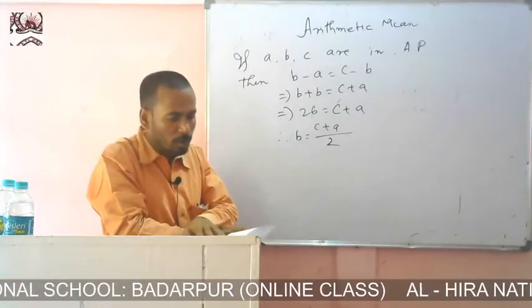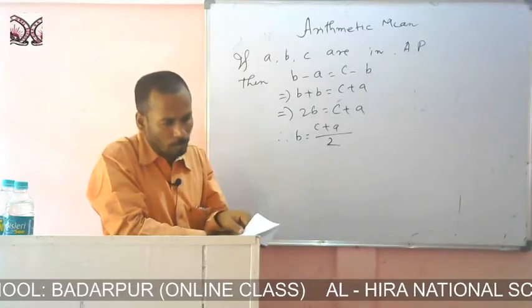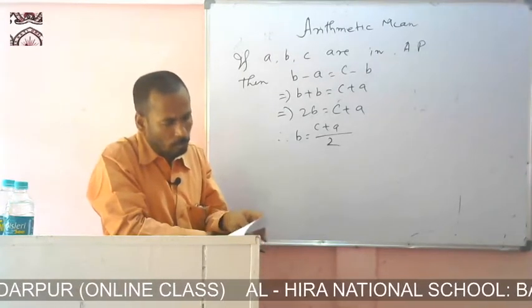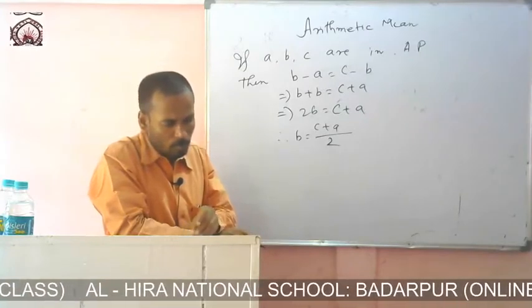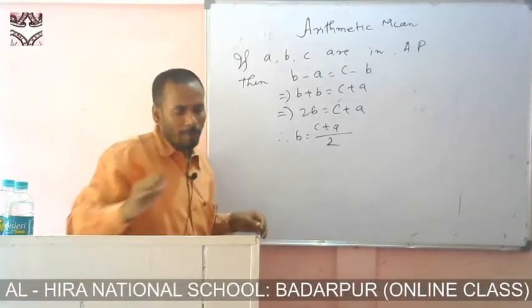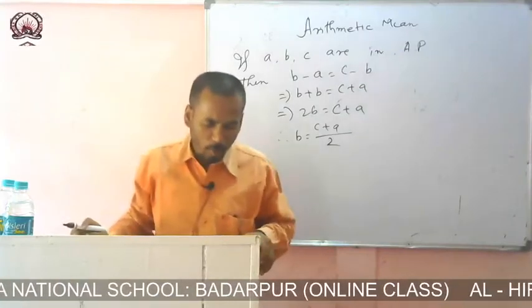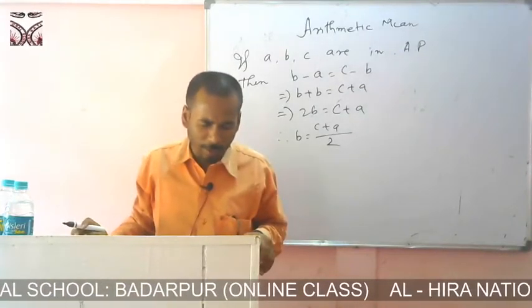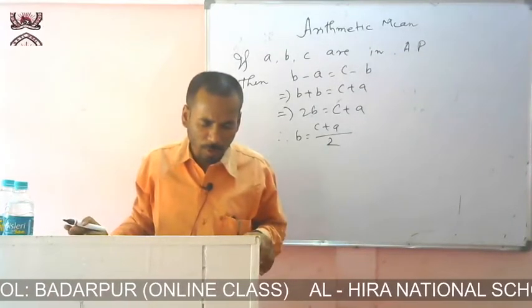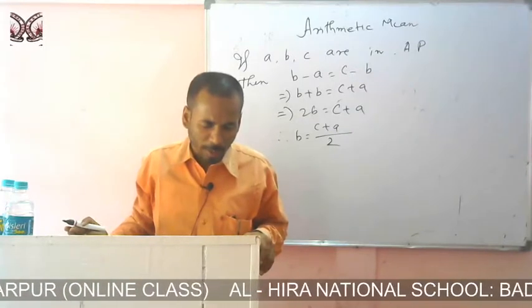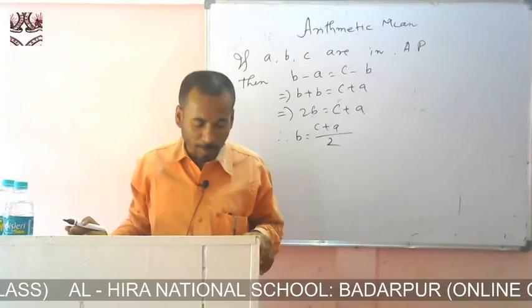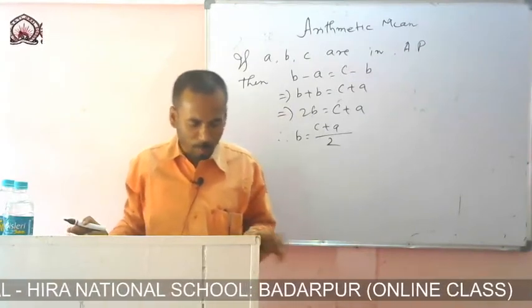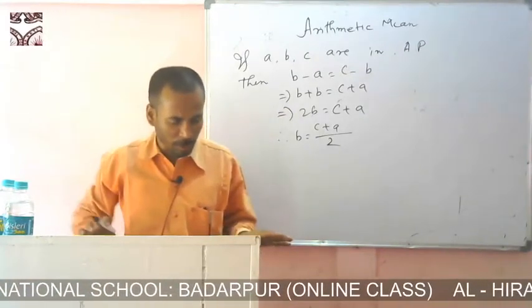So question number 3, the first one: a pair of numbers are given below. Find the arithmetic means as mentioned in the brackets with the pairs 8 and minus 7. Four arithmetic means are there in between.